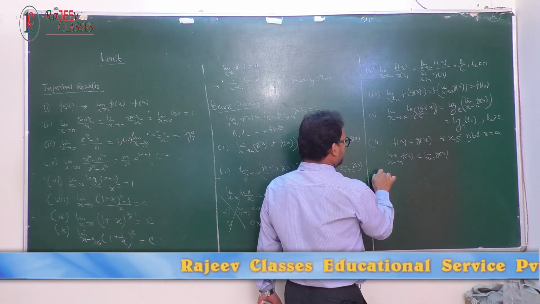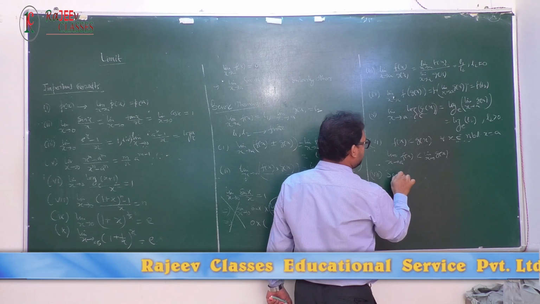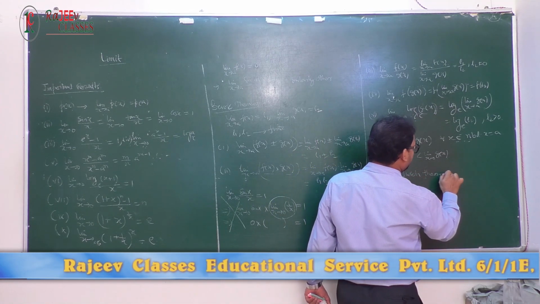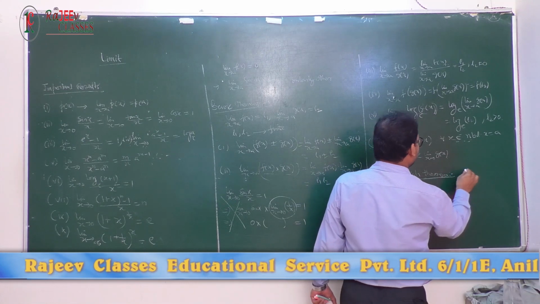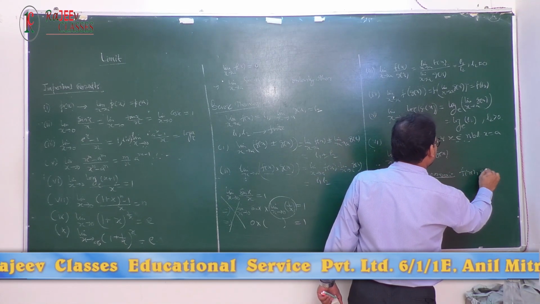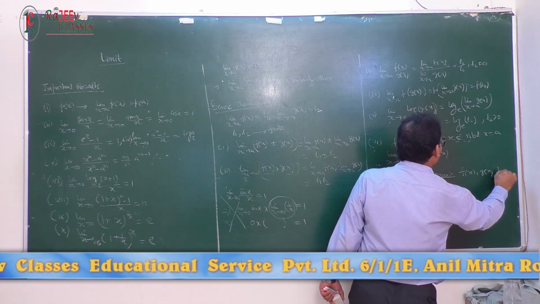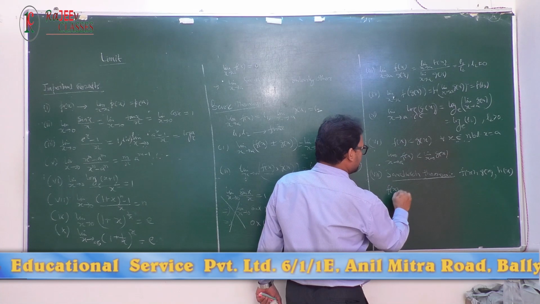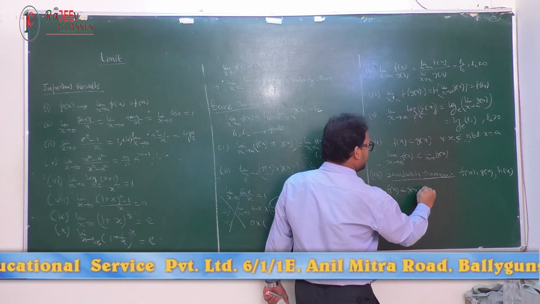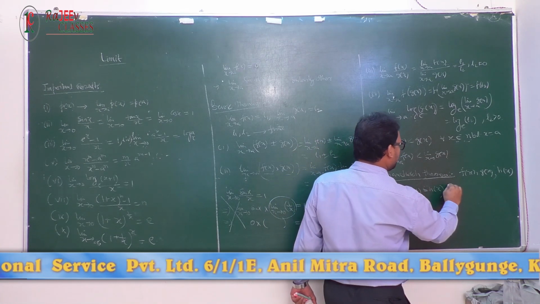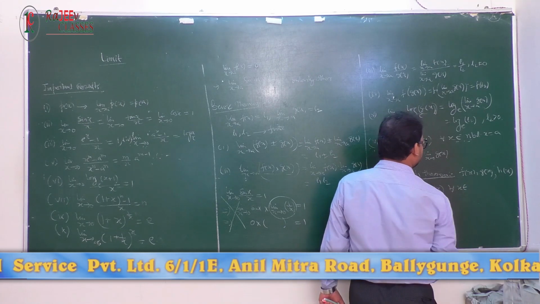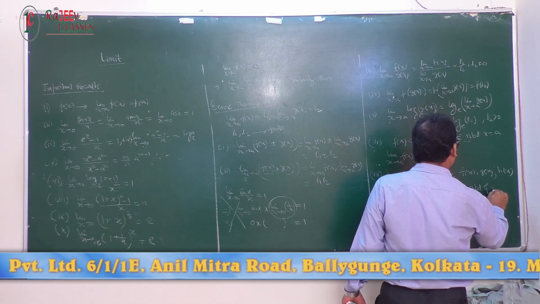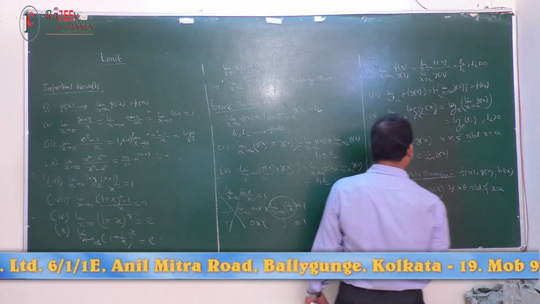Now the next important concept is called the Sandwich theorem. Suppose there are three functions f(x), g(x) and h(x) such that f(x) is less than or equal to g(x), which is less than or equal to h(x), for all x belonging to the neighborhood of the point x equal to a.